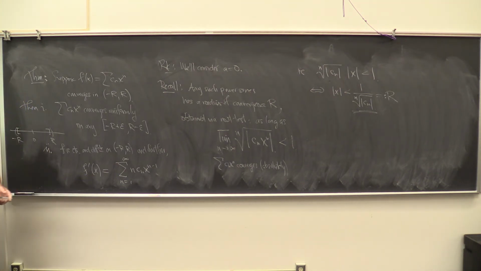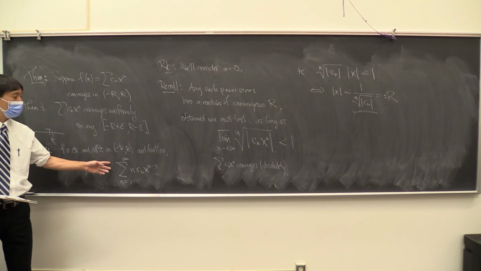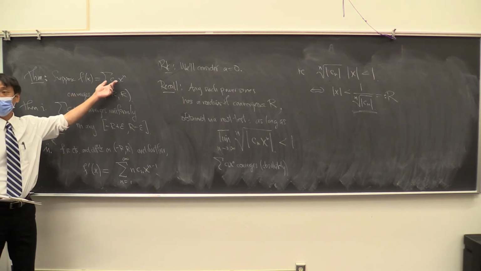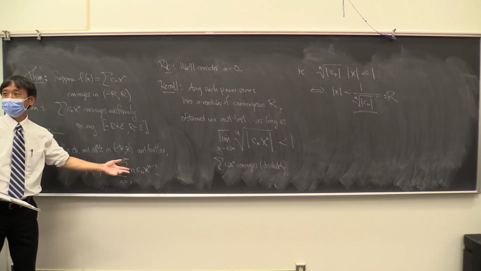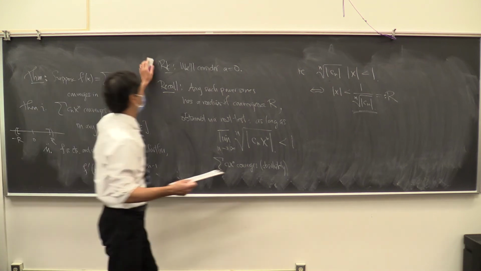So it works out as you hope it would. The derivative of this infinite polynomial looks like the derivative of the infinite polynomial that you would expect. That requires proof, and so that's what we're going to do right now.